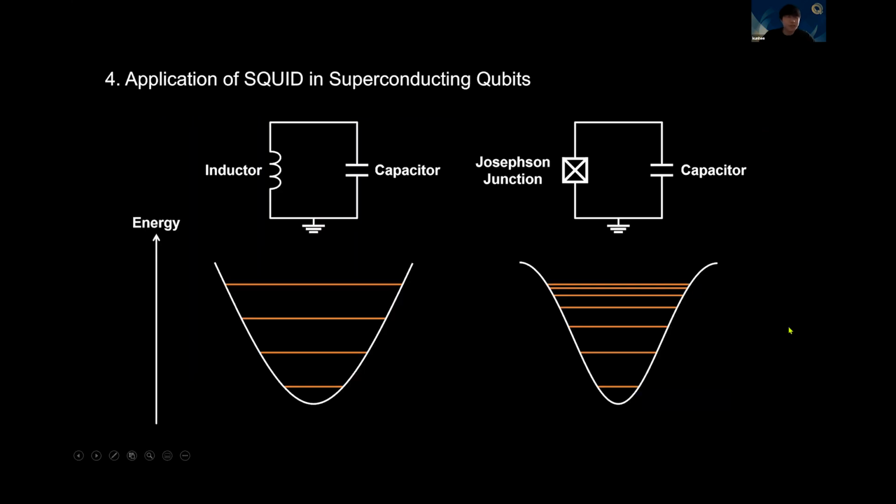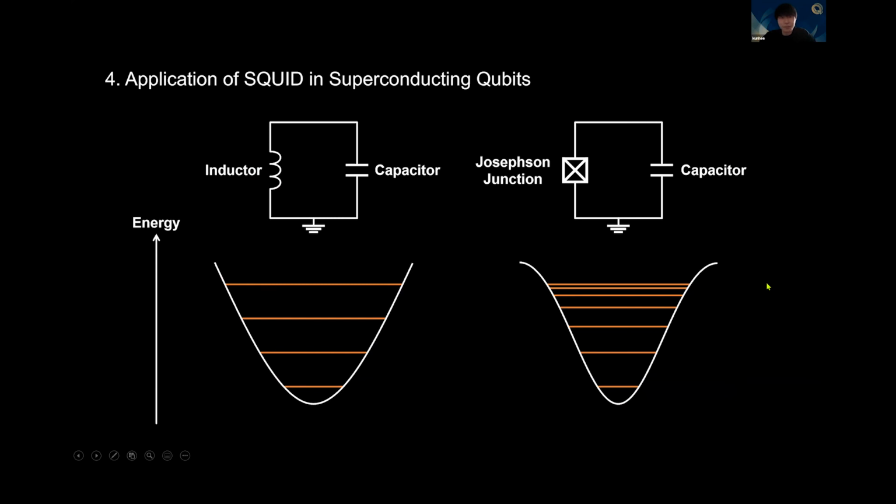All right, cool stuff. So back to artificial atoms. I hope you still remember what Fernando presented. How is this SQUID going to be useful for superconducting qubits?